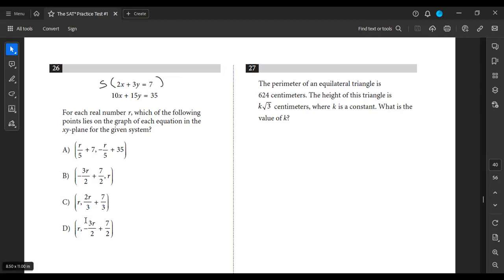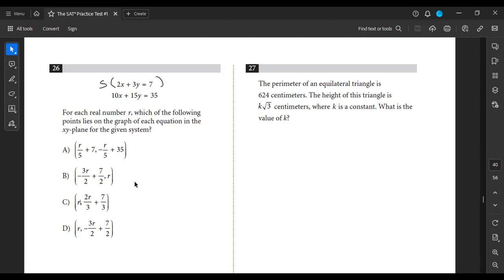If we substitute r for y, the answer should be B or whatever answer choice we get. It says for each real number, so whatever we get when we substitute r should be in the answer choices. We don't know what the value of r is.